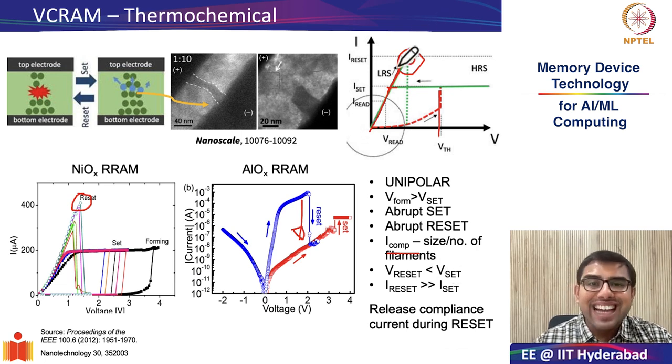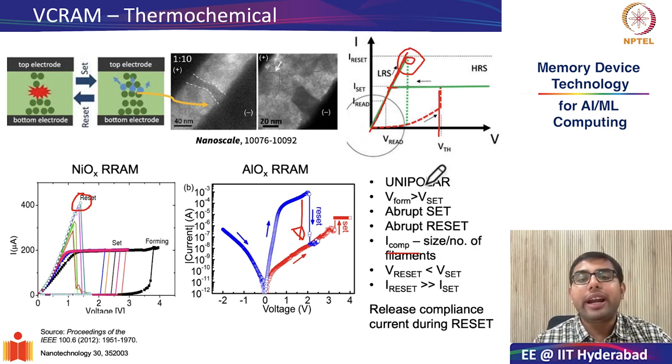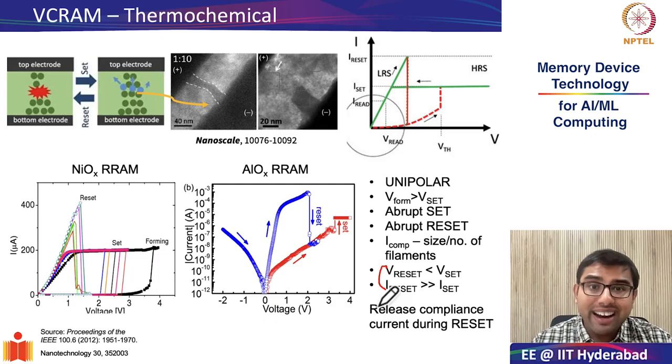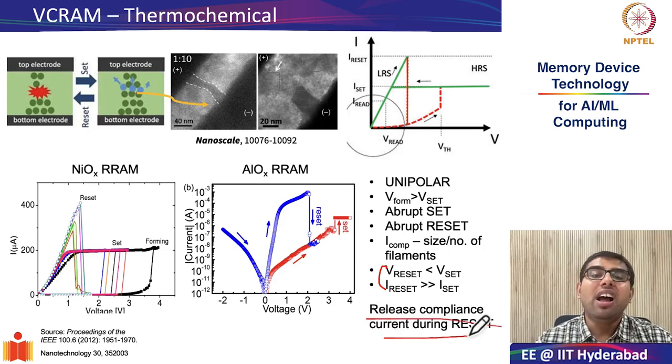However, the reset current is much greater than the set current. But a very important thing to understand, especially if you are going to fabricate and measure these devices just like we do in our research group, is that you have to release the compliance current during a reset cycle for allowing the Joule heating to happen.